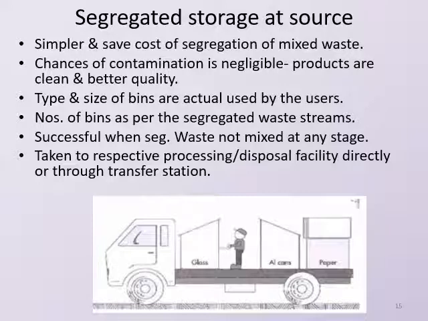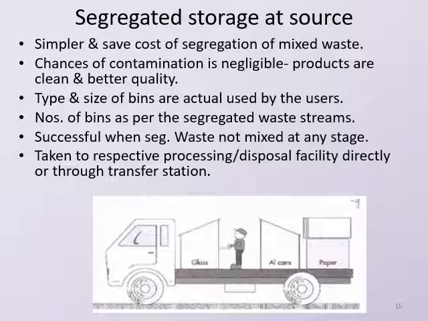So segregated storage at source: we have already seen that at our household level, three types of waste should be ensured, wet waste, dry waste and domestic hazardous waste. Segregated storage, if done at source level, is simpler and saves the cost of segregation of mixed waste. Chances of contamination are negligible.